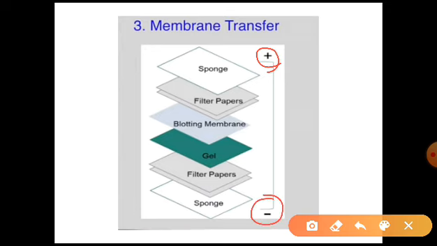Because of this, proteins are transferred from the gel to the blotting membrane. And after the protein appears on the blotting membrane, it is detected by using labeled antibodies.